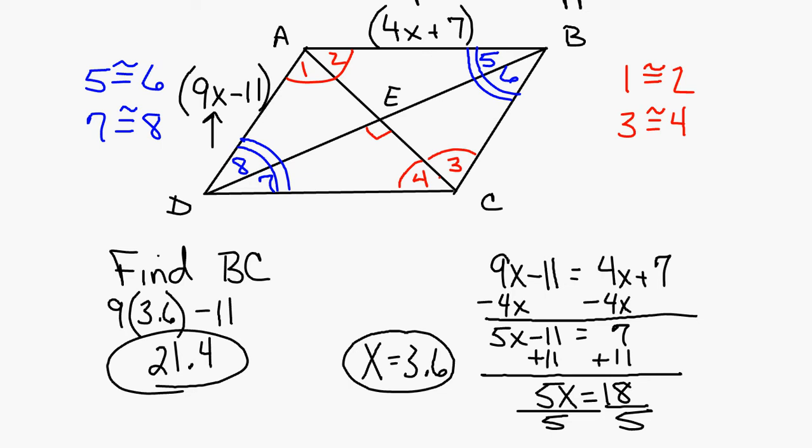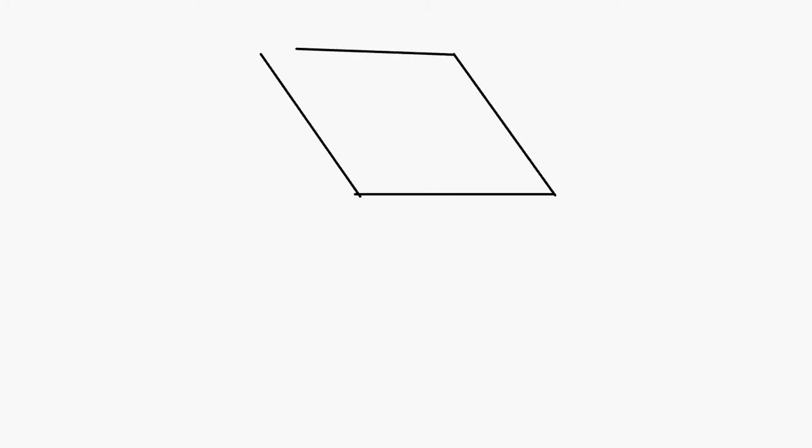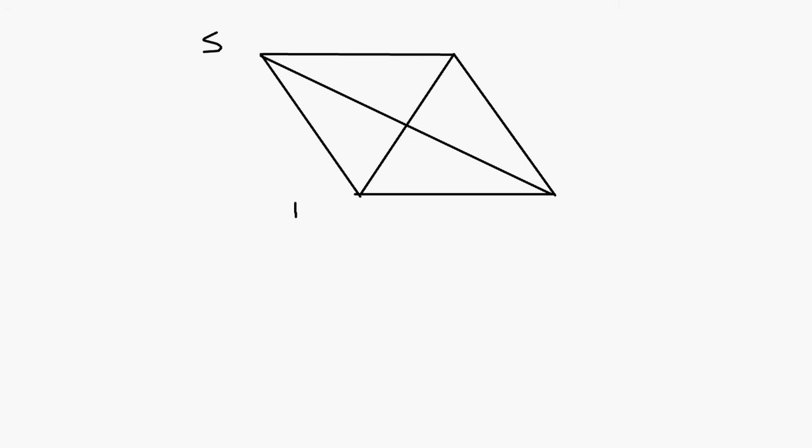Look at the top of page 422, please. And there's a picture of a rhombus up there. And you're told that this angle, where the diagonals intersect, is equal to 2y plus 10.